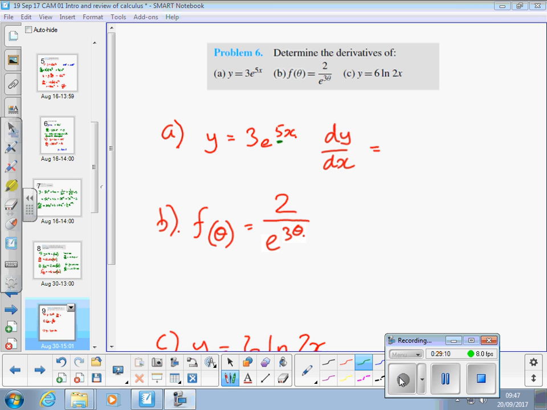So it's 3 times 5 is 15, and then e to the 5x. And that's something to remember with exponentials. E to the power of function is that if we differentiate e to the power of x, we end up with e to the power of x. That's why it's special. Okay.